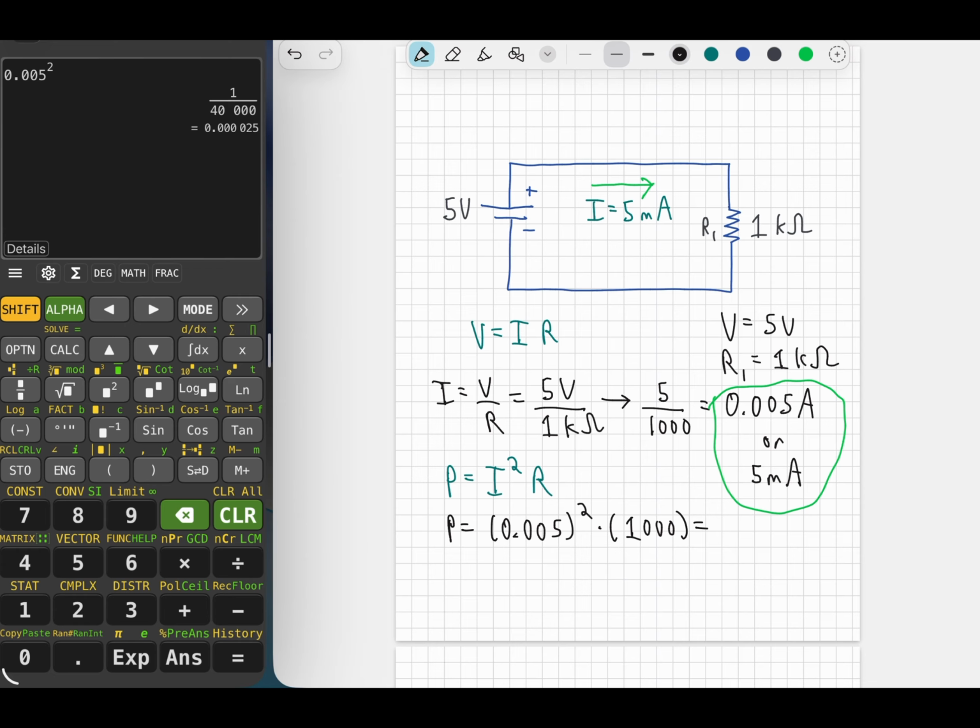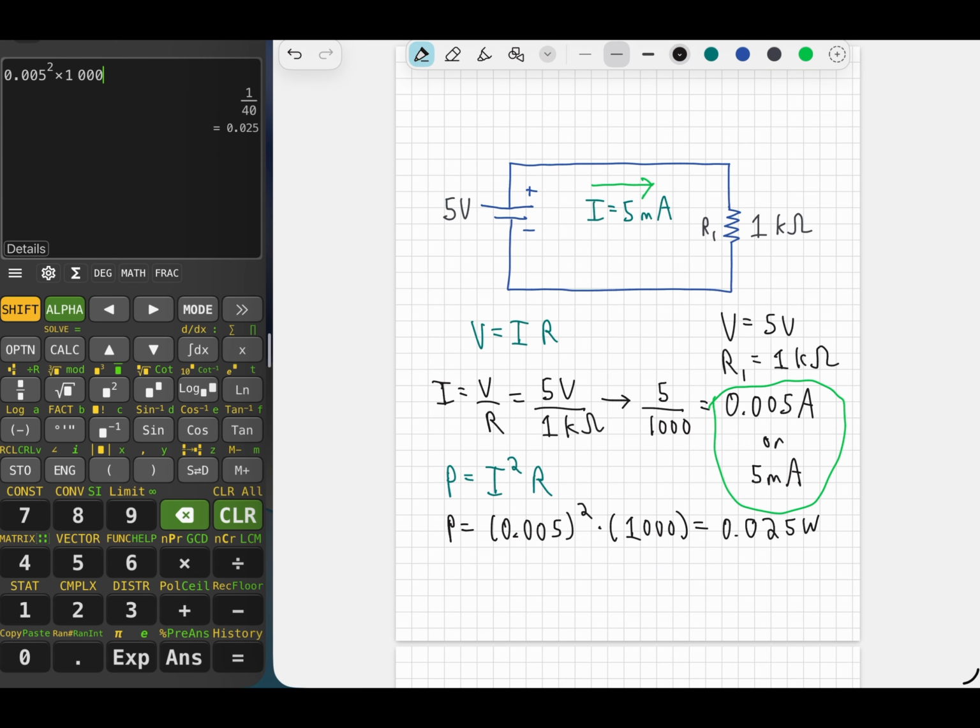We got 0.025 watts. What does that mean?